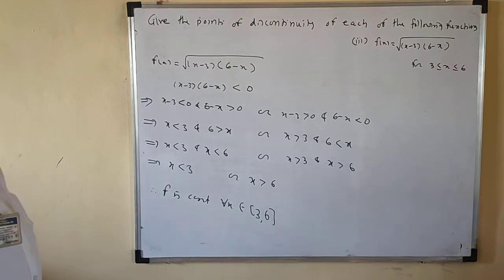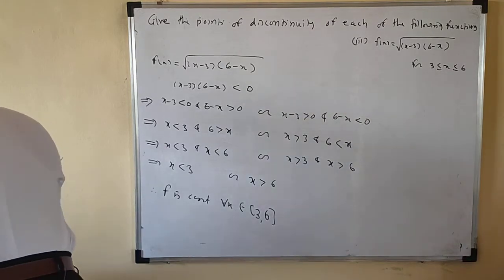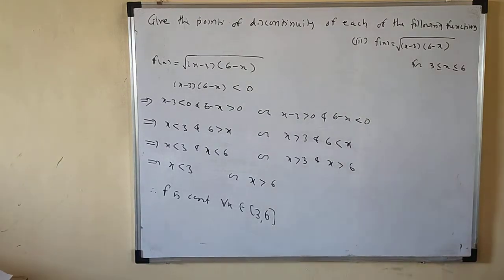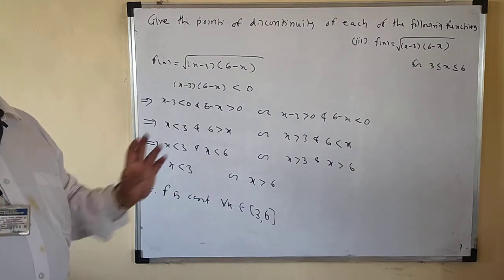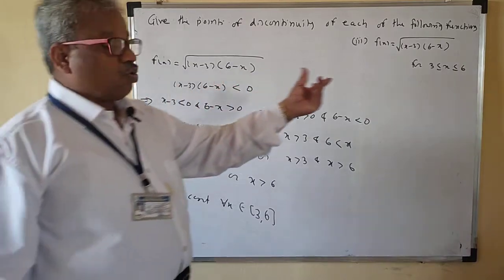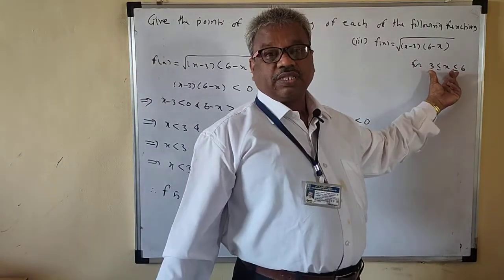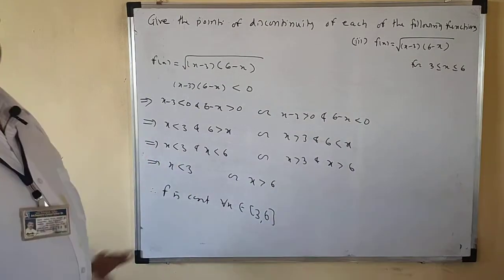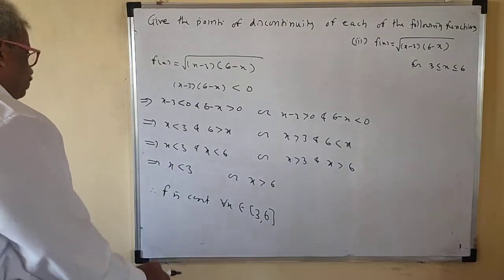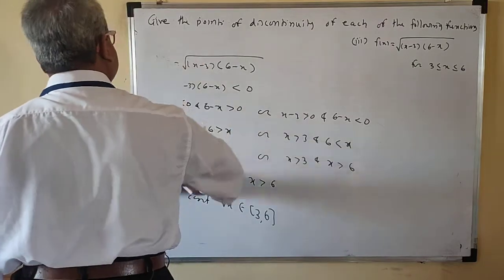That means there is no discontinuity for this function, because for x less than 3 or x greater than 6 the function would be discontinuous, but your domain is the closed interval [3, 6]. Now next.